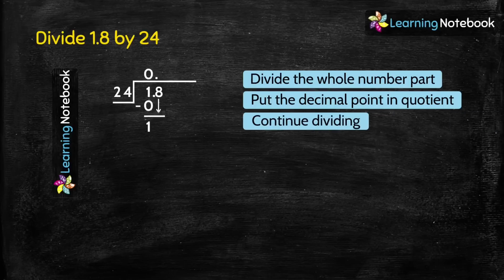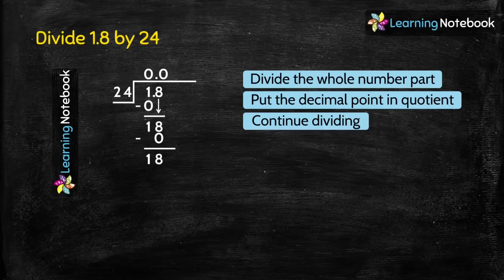Copy the next digit 8. Again 18 is smaller than 24. So we will do 24 into 0 equals 0, and 18 minus 0 equals 18.